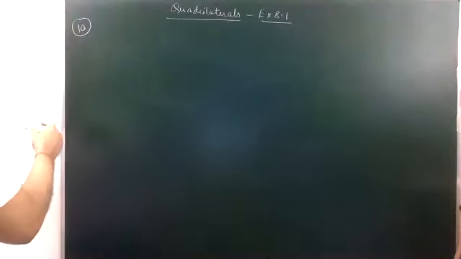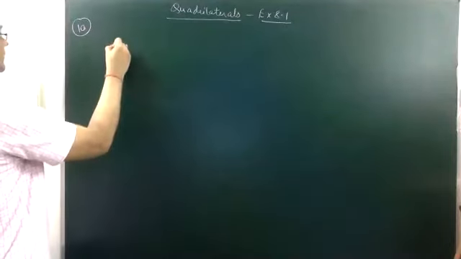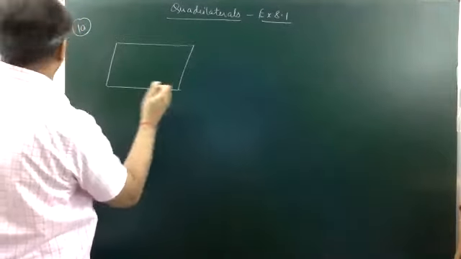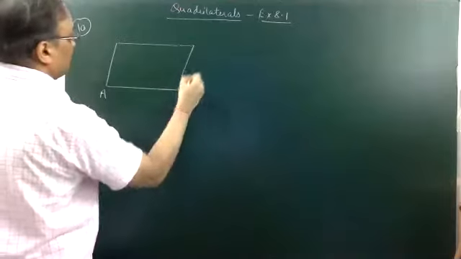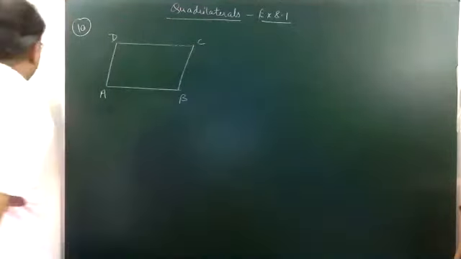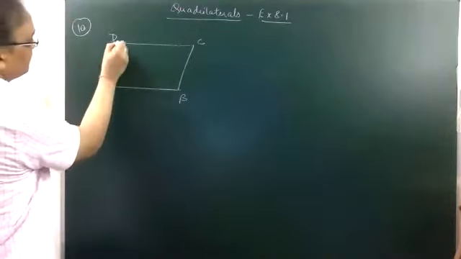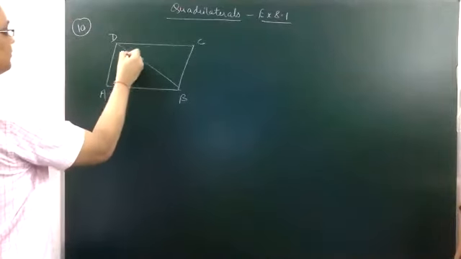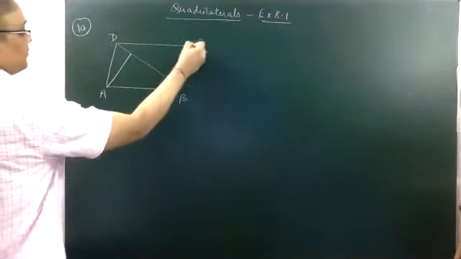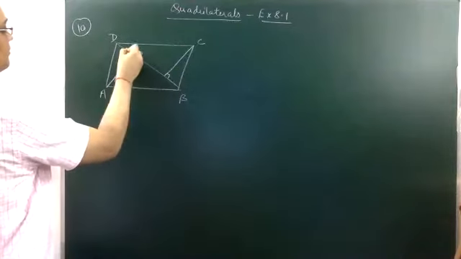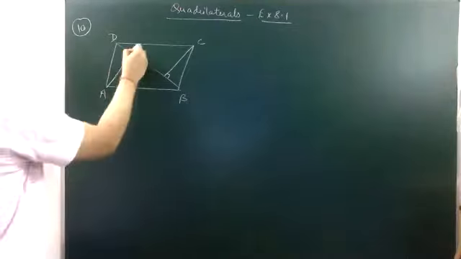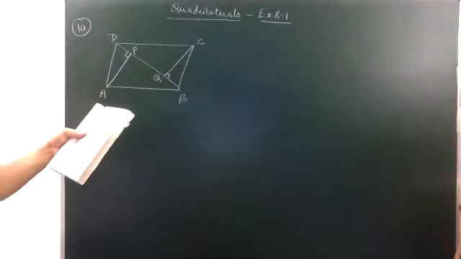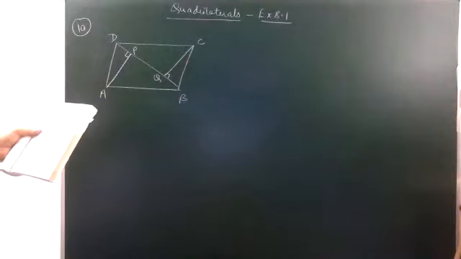So 10th question, ABCD is a parallelogram. ABCD is a parallelogram and AP and CQ are perpendicular from vertices A and C on diagonal BD.